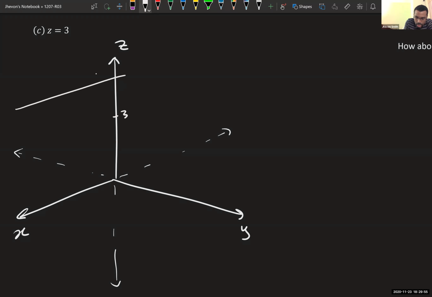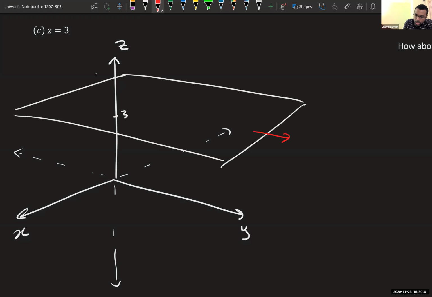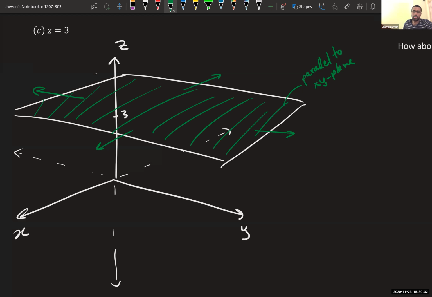Again, you have this infinite sheet moving in all directions, but it's parallel to the, let me use a different color. Maybe green. Infinite sheet, that's parallel to the XY plane, extending in all directions. So it's actually a sheet.